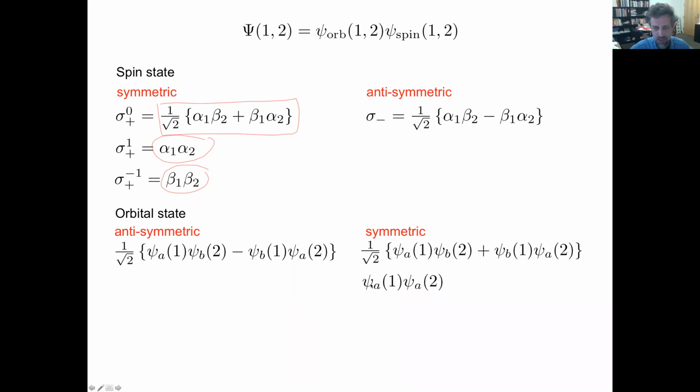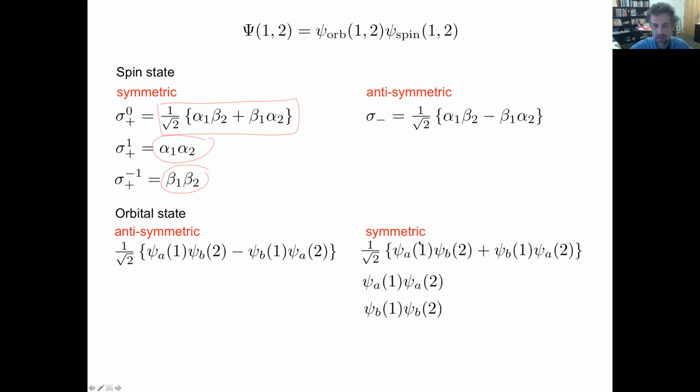Now, this is another possibility. Both particles sit in the same state, state A, or in the other state, state B. So these are the 3 possibilities that I have if I have two independent orbital states. If you have only one orbital state, let's say A, and both must go into that state, then I only have one symmetric solution, of course.